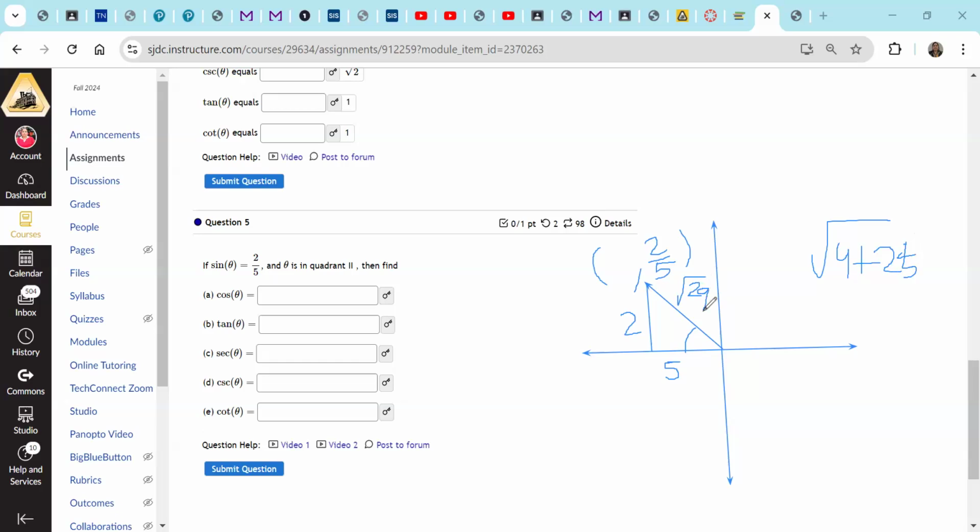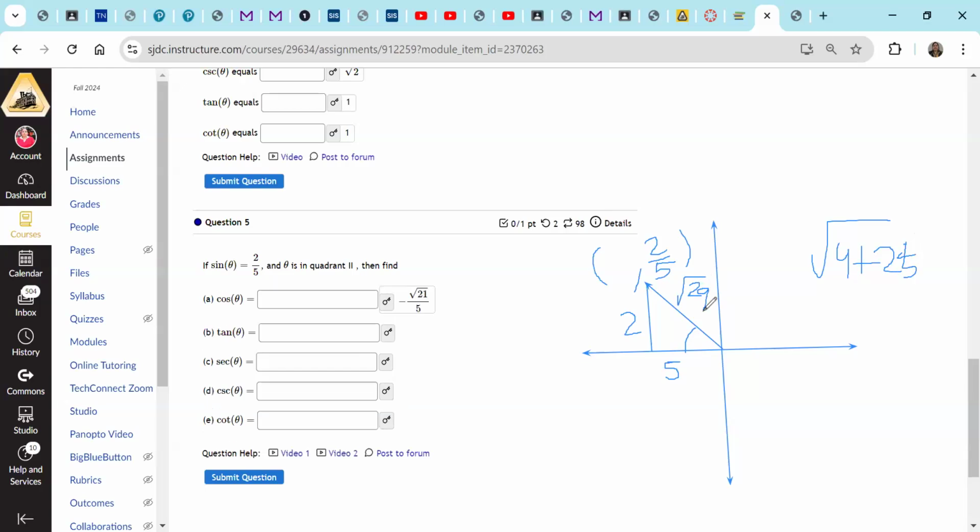They are showing it different than that. They have square root of 21. Did we miss something? Sine is 2 over 5. Theta is in the second quadrant, or maybe they're marking this one this way, that starting from here, this is theta.